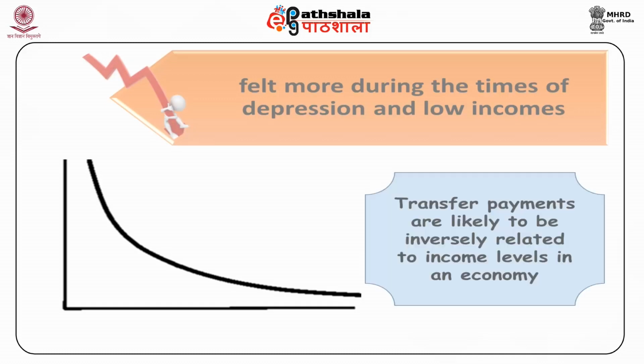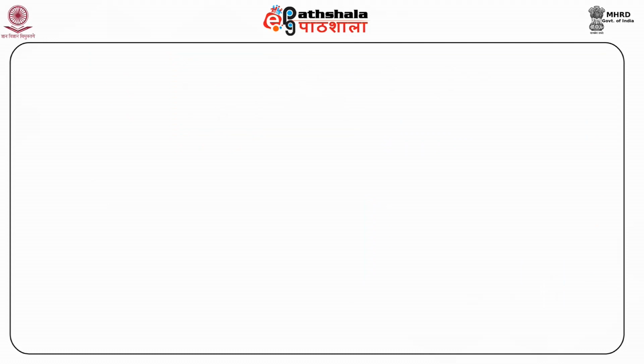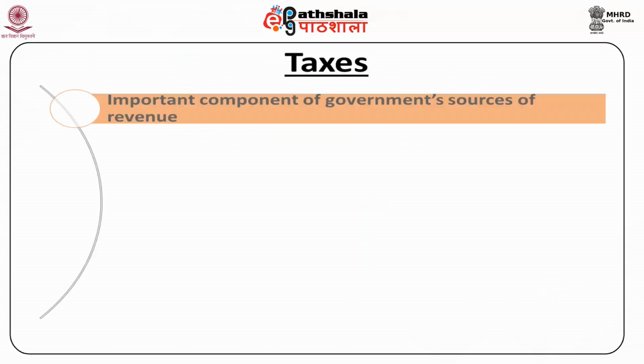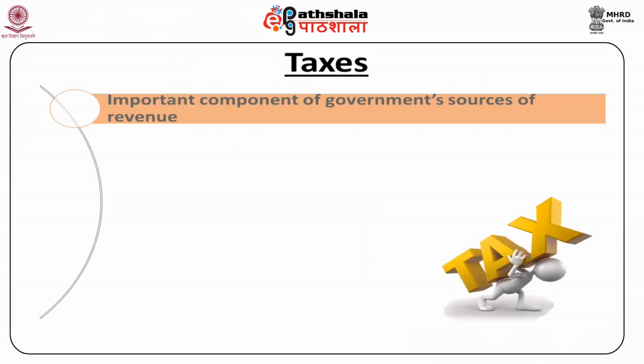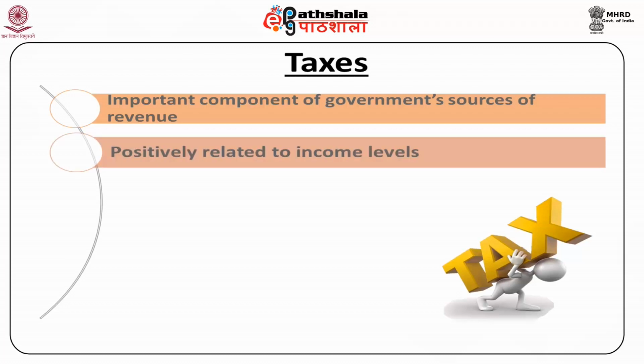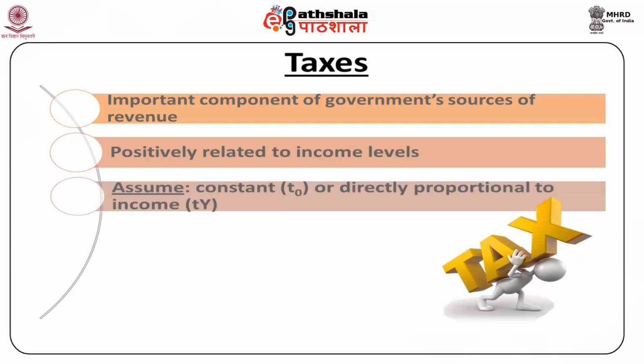Hence, the transfer payments are likely to be inversely related to income levels in an economy. Taxes, T bar, are an important component of government's sources of revenue. These are likely to be positively related to income levels. Taxes may be assumed as constant T naught or directly proportional to income Ty.